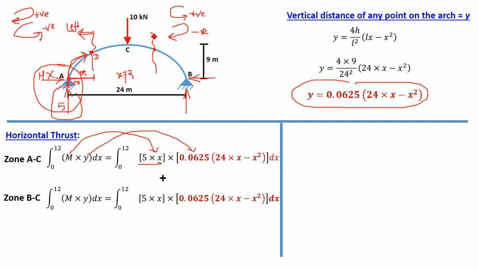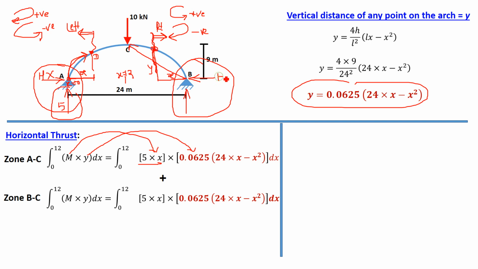So now we are taking one section in the right zone, that is B to C. This is the zone. We are taking moment at this point. This is the vertical distance y of that point, and this is horizontal distance x. Now when we are taking a section in the right zone, consider the right part. When we take a section in the left zone, consider the left part. So if you consider the right part of this section, there are again two reactions.